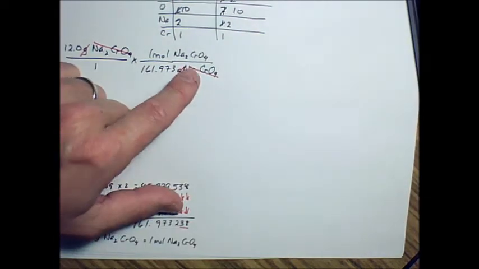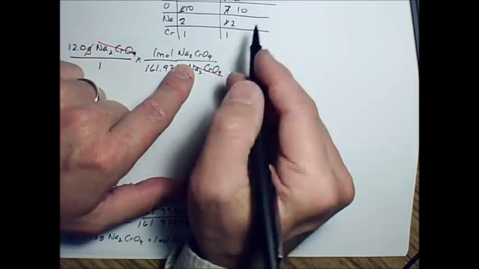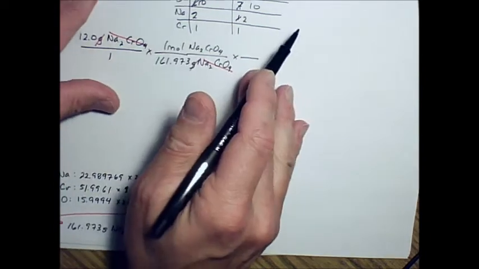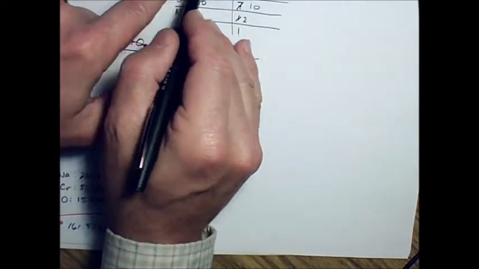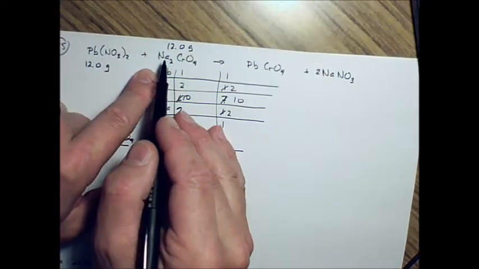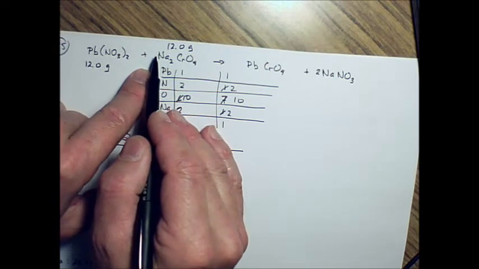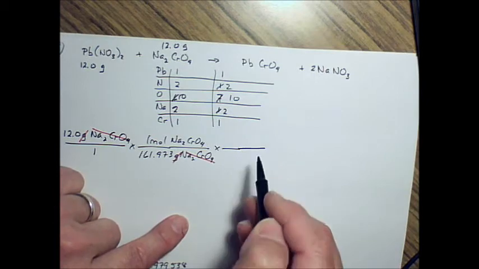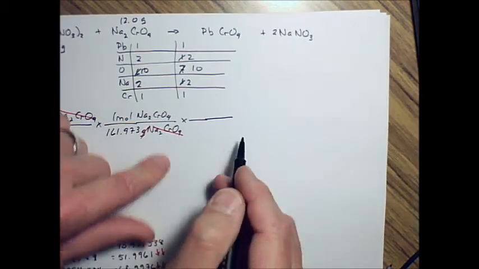Now we're ready to go from moles of this to moles of the other thing we're looking for, in this case, the other reactant. Now, in the balanced equation, there's a number 1 implied here and a number 1 implied here. So we're really lucky because this gives us a 1-to-1 ratio. It makes the math a little bit easier.